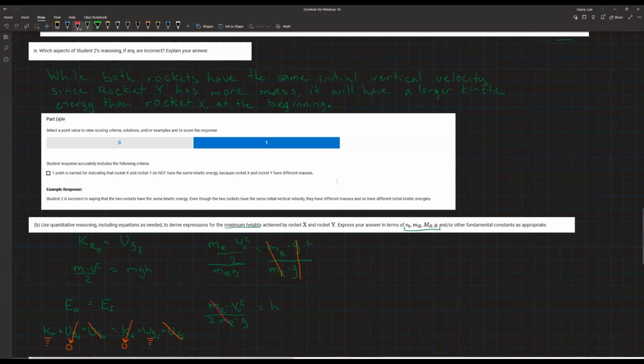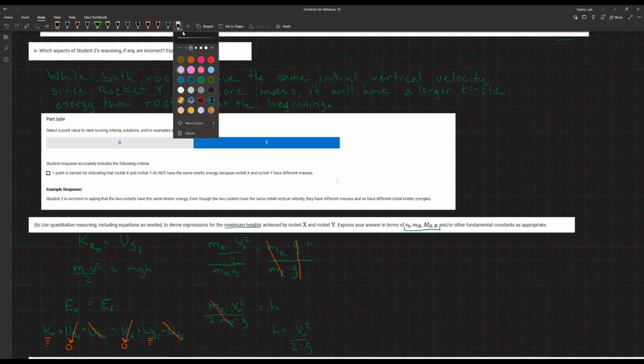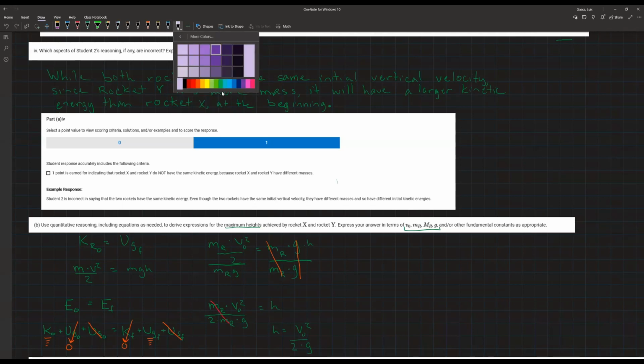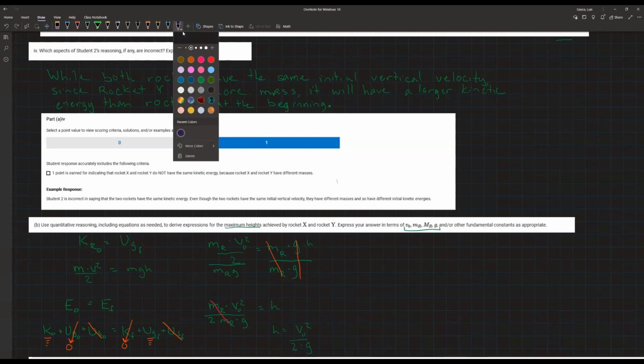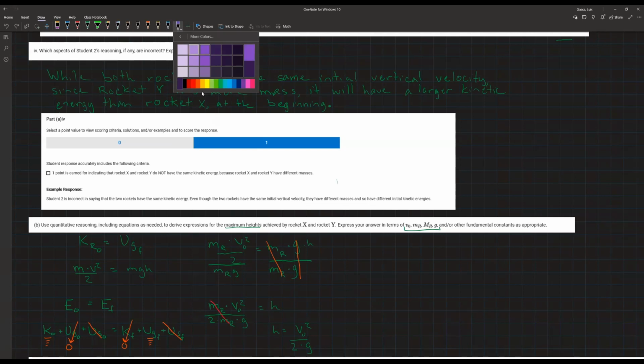And what we find out is that the height here is going to be given by V original squared over 2G. And we could even make a note here just to save ourselves some work. Let's go to a darker color. Violet? No, that's not enough value contrast, that's too dark. We'll go with this.